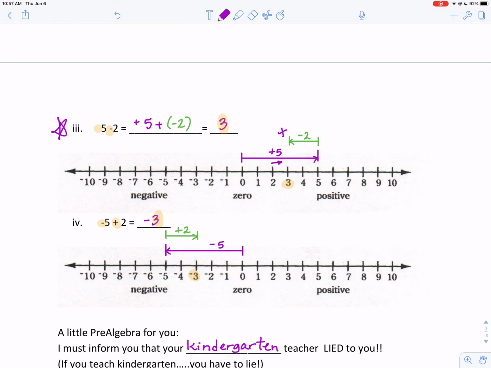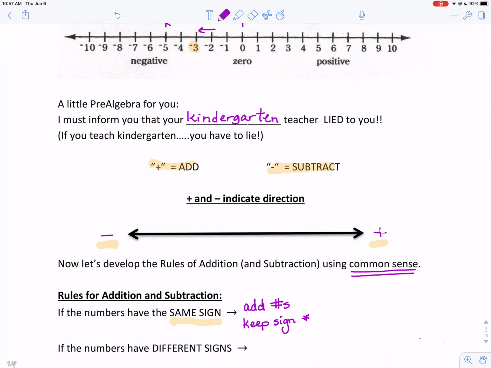But on the second one, the 5 was in the negative direction. So we went the furthest distance negative, and then we just come a little bit back positive. So we're going to wind up with a negative answer. 5 is our largest number. So that means you're going to subtract your numbers and keep the sign of the biggest.